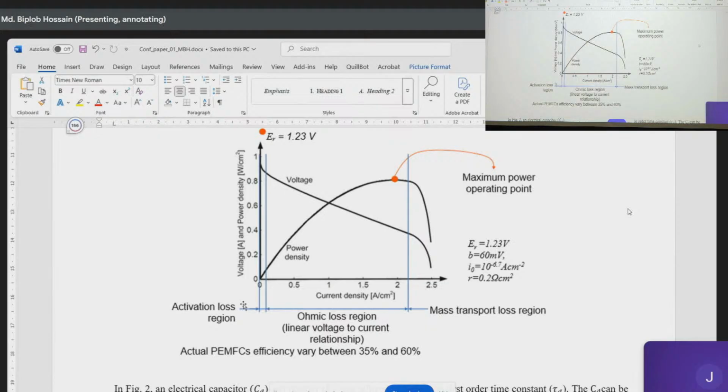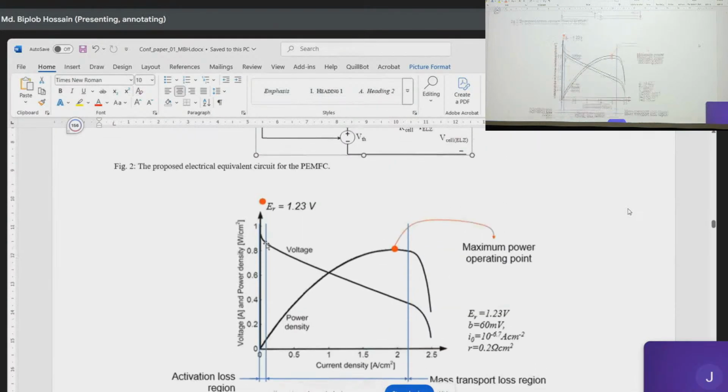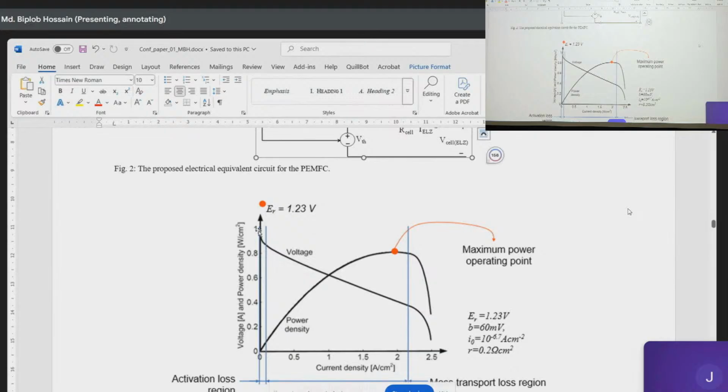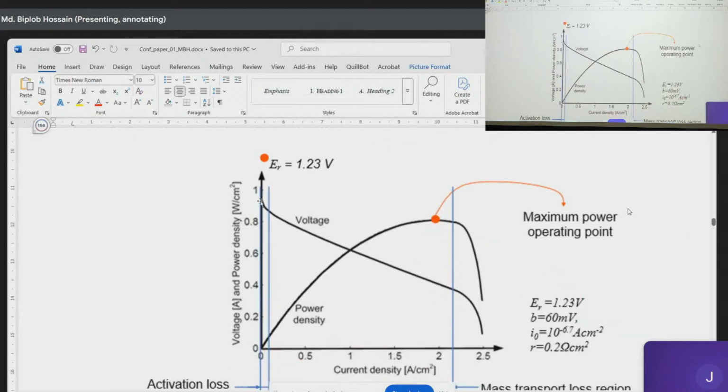Until this voltage is supplied, it cannot start supplying current or power to the external circuit. That is why this voltage reflects in the very low current density. You see this is also non-linear. The nature of this curve is non-linear. If we zoom in a little bit, you see this is a non-linear curve.